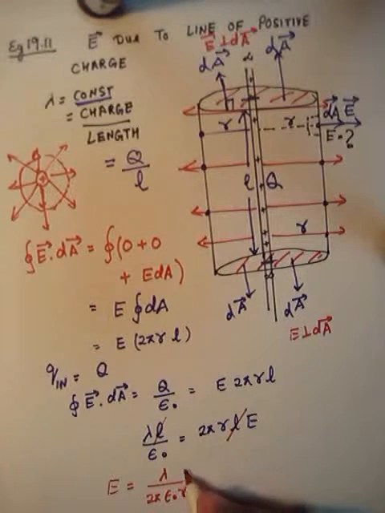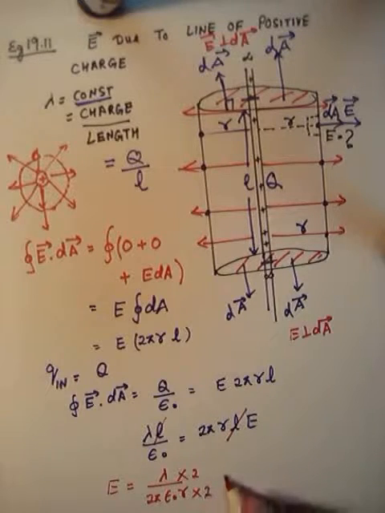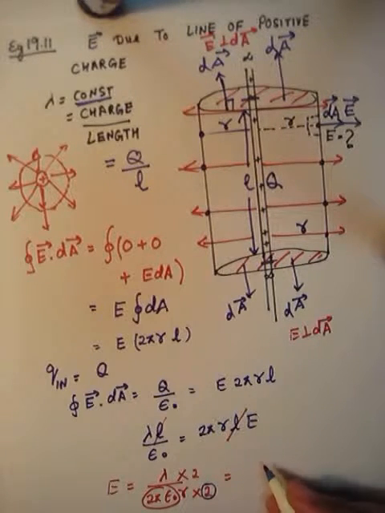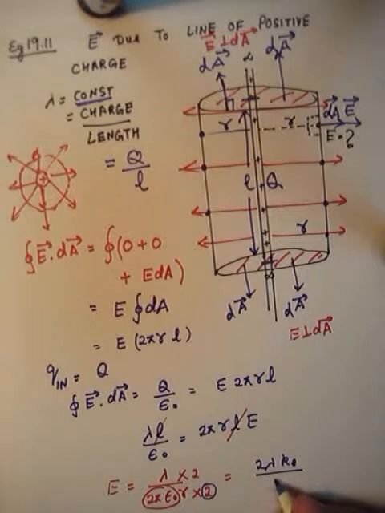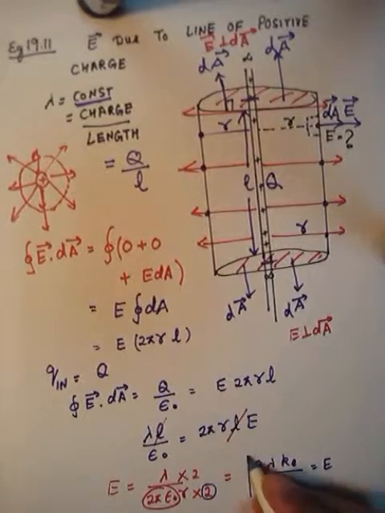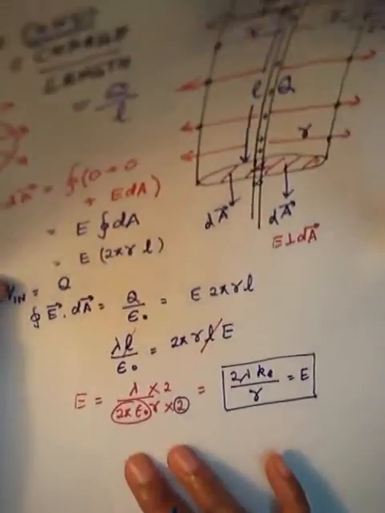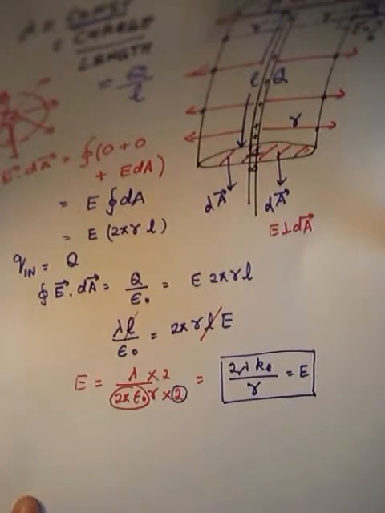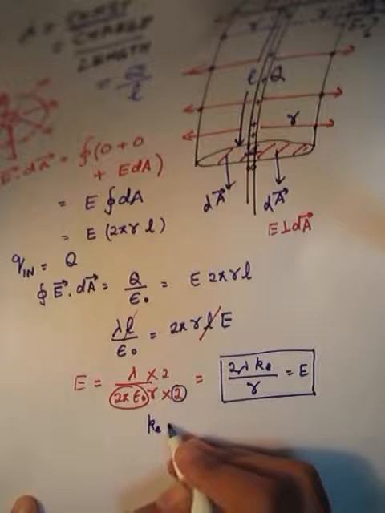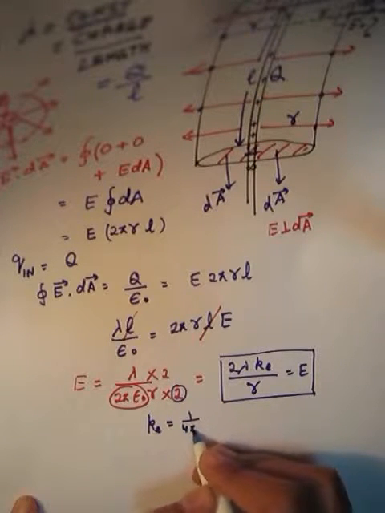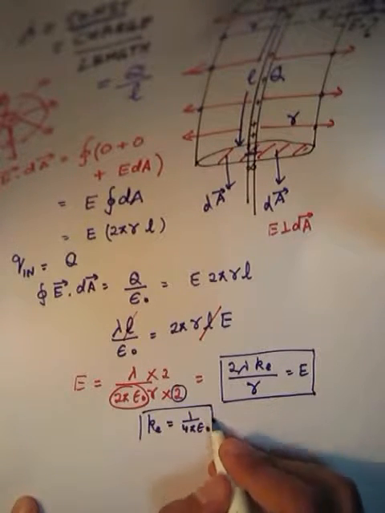Multiplying and dividing by 2, this term is k_e, so it will be 2 lambda k_e divided by r. This is the electric field due to a charged wire at a distance r, where I suppose you know k_e is 1 upon 4 pi epsilon naught, a constant.